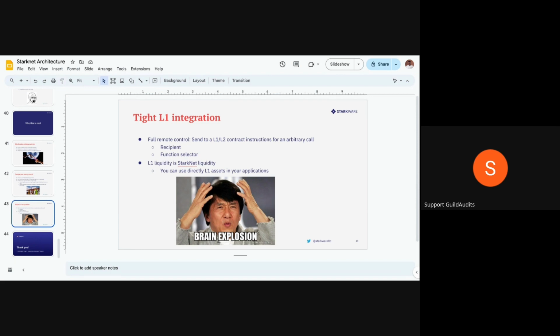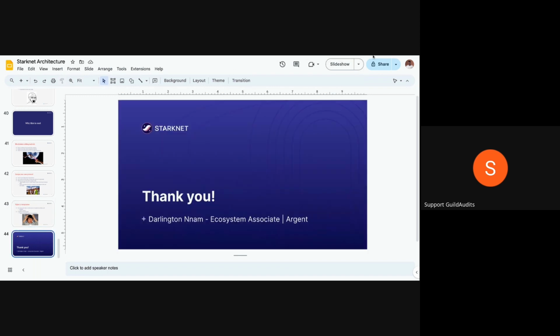Okay, so I just want to give an update before we call it there, and give a quick comment and remark on the whole training. So this is Guild Audit, a Web3 security academy, or Web3 security bootcamp, based in Africa, with students from different parts of the world.